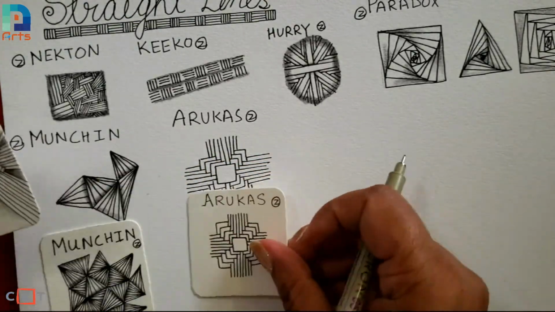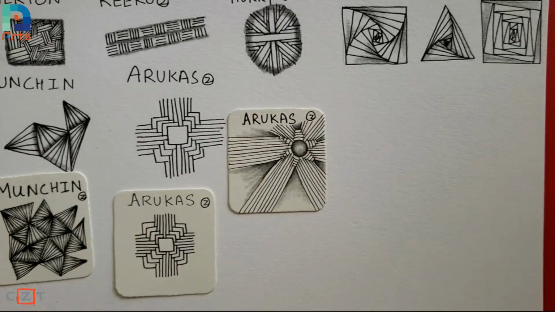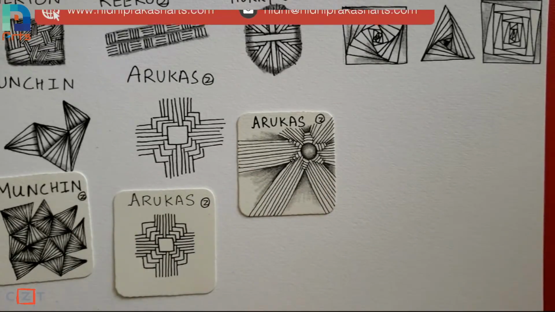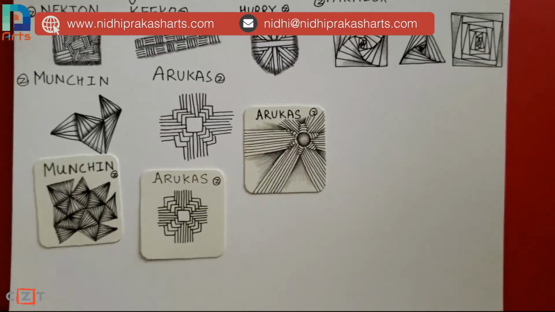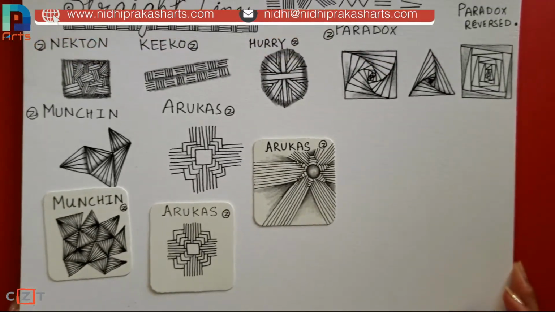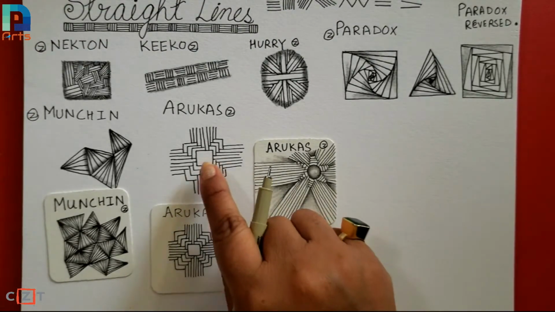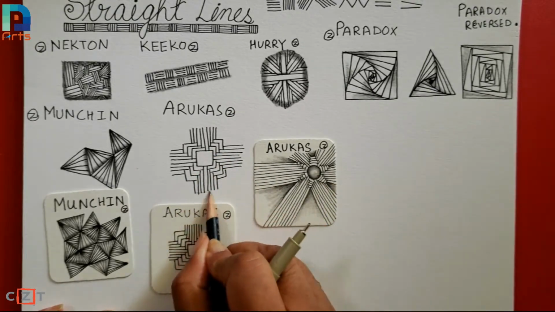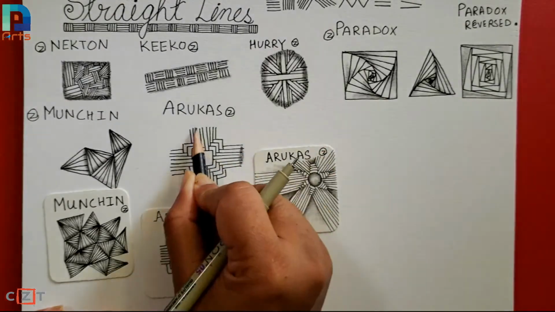So this is the Arukas with the square, and this is the Arukas with the circle. So as I told you, these all have a lot of variation where we change our line into the little round style based on the space or based on our tile designing. But these can be used as straight lines also. Here I did a little slanted. It is supposed to be straight, and then you give a little bit of shading.